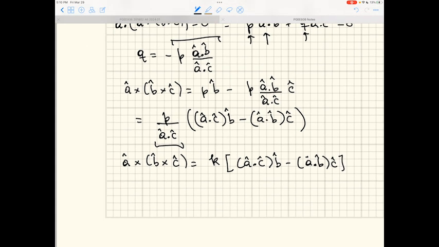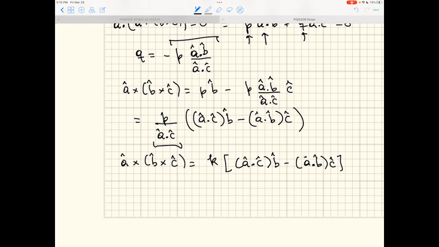I mean, that's for the versors only, right? Not for the vectors yet. But for the versors, it's starting to look like the identity that we are searching for. Well, this constant is a single constant, right? It can be determined whatever the combinations that I use for those versors, okay?